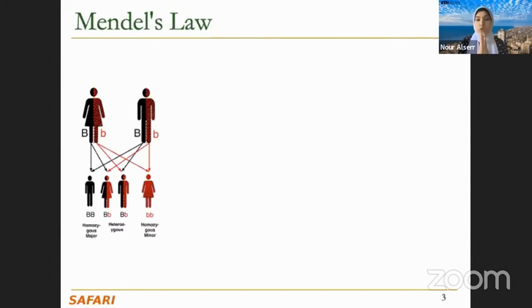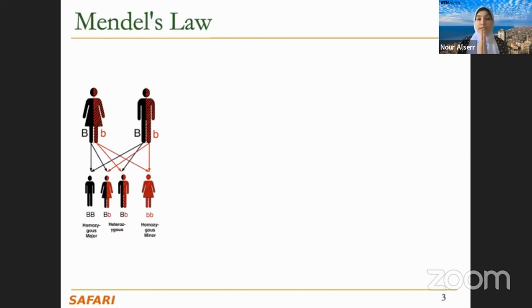Now, these variations we call single nucleotide polymorphisms, or SNPs. Imagine that these are the locations in your DNA. Each SNP has 2 alleles, one from the father and one from the mother.